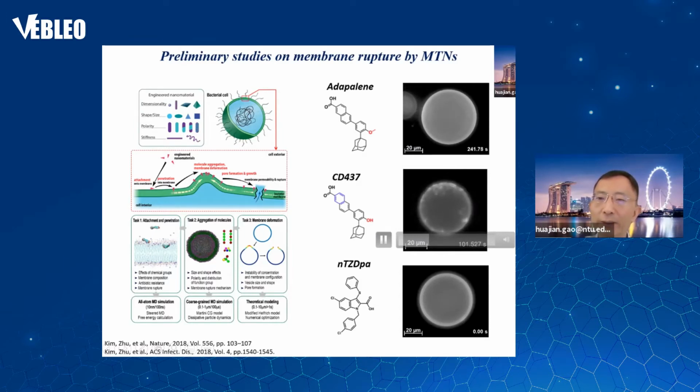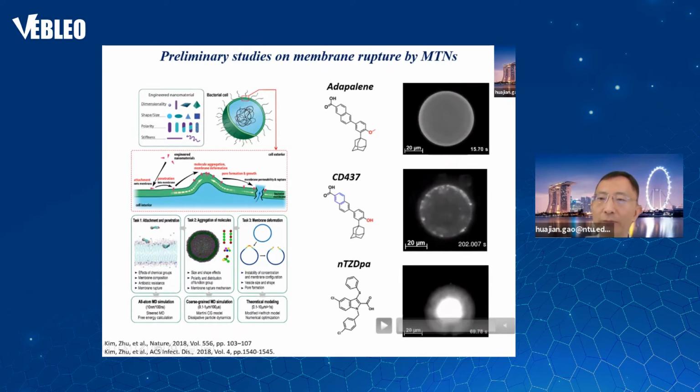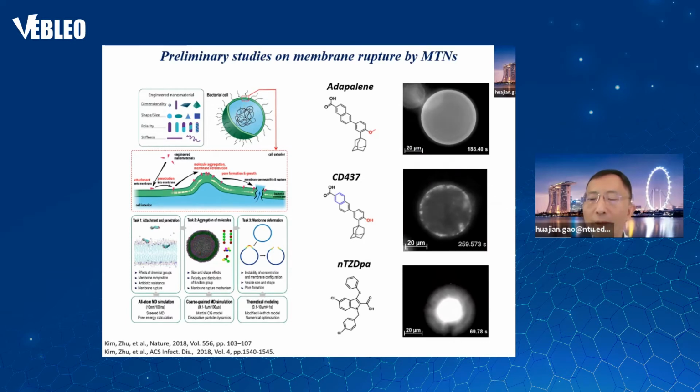You can see the fluorescence in the membrane. And for this molecule, it has even more severe reactions. It shows aggregation, and eventually the whole thing will burst and rupture. This shows it's feasible to use these molecules to selectively penetrate membranes and cause them to rupture.